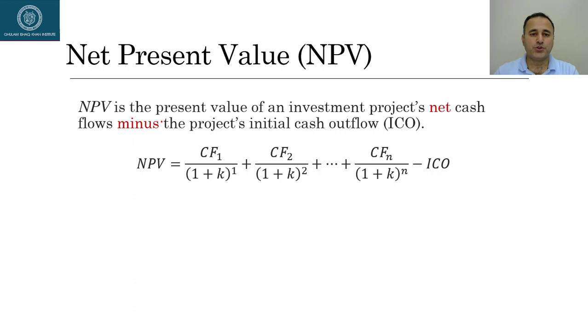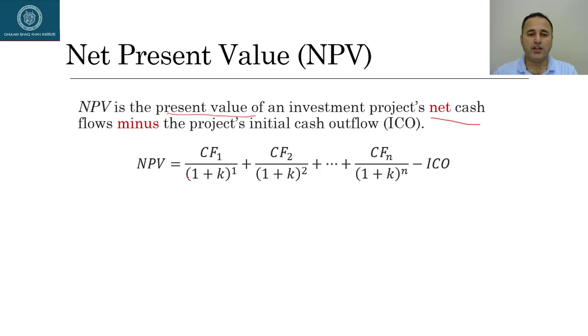Net present value. In this technique, we will be heavily using the time value concepts that we learned in chapter number 3. Net present value is the present value of an investment project's net cash flows minus the project's initial cash outflow.